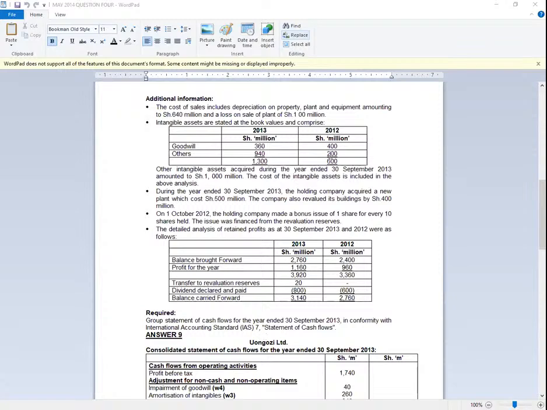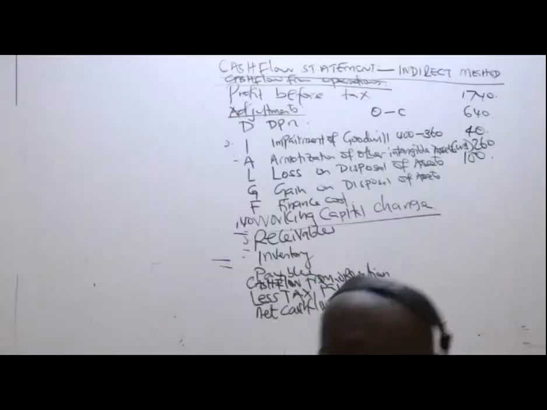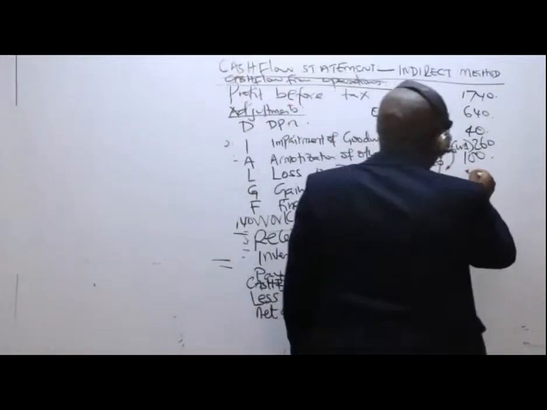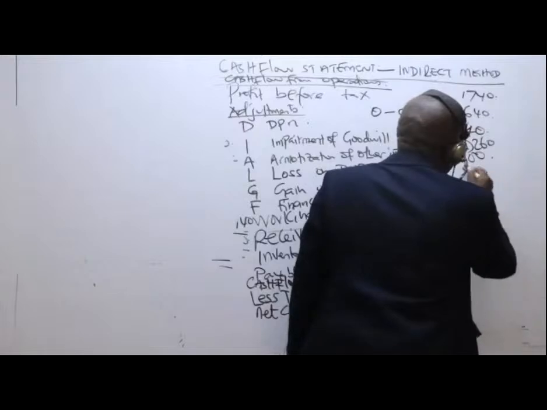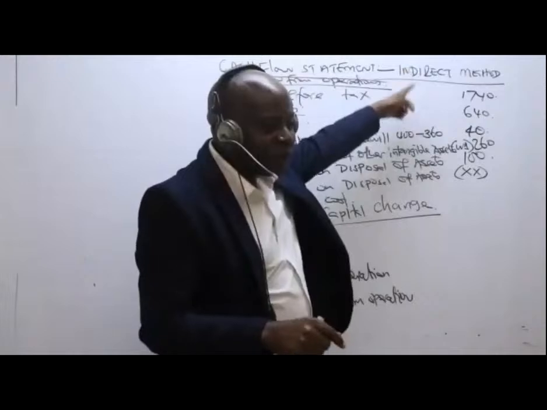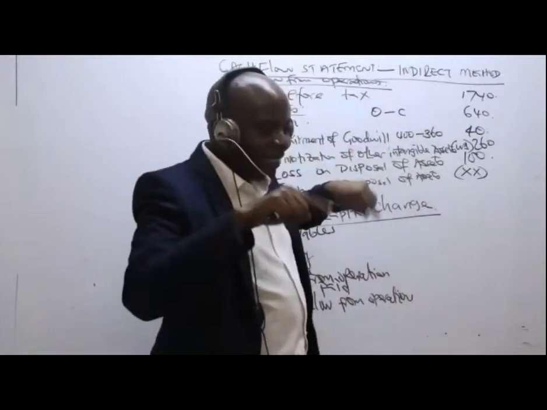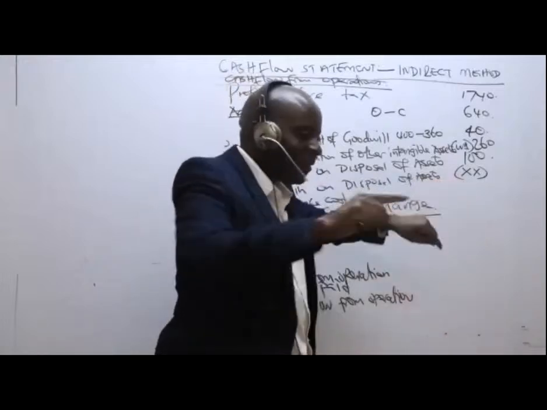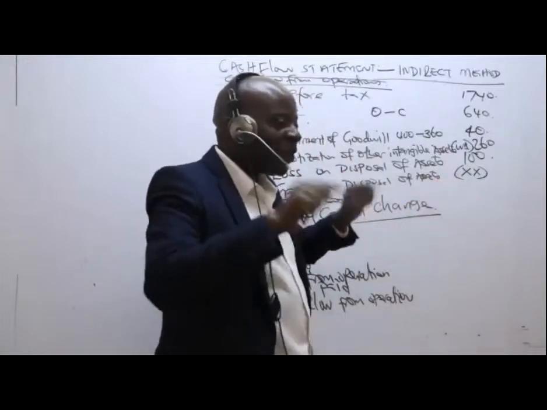If I had a gain on disposal of assets, please assume a gain of X. Gain is the only one that we deduct. If you're told there was a gain of say 100, I would put it negative. Gain is the only one that we subtract.